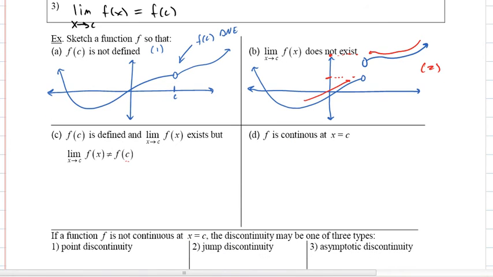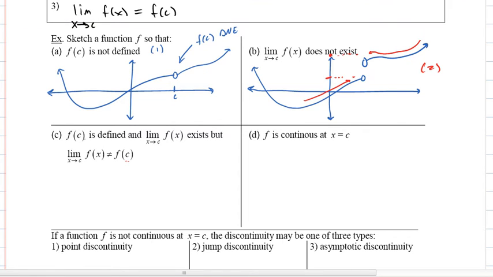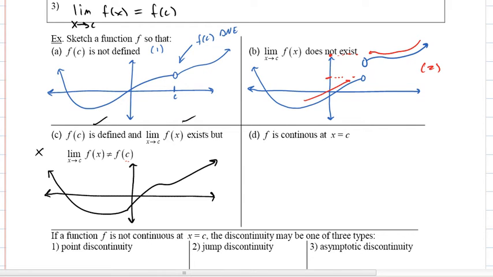The letter C says, now draw a graph where the point exists and the limit exists, but the point and the limit are not the same. Okay, so same curve, something like that, except I'm going to have an open dot here. So disregard that little filled in part.